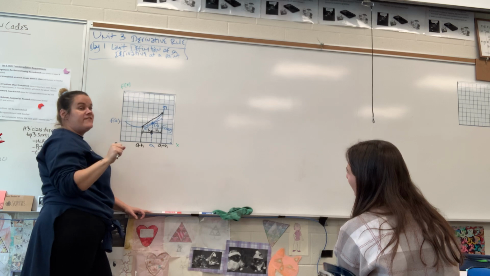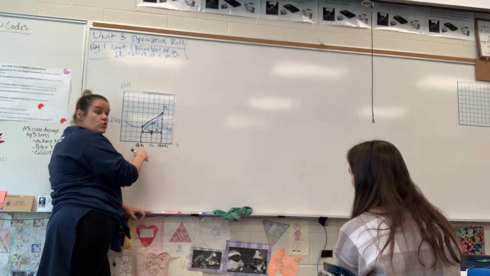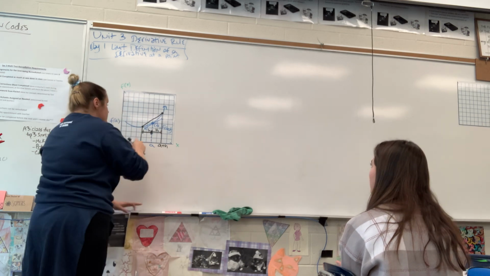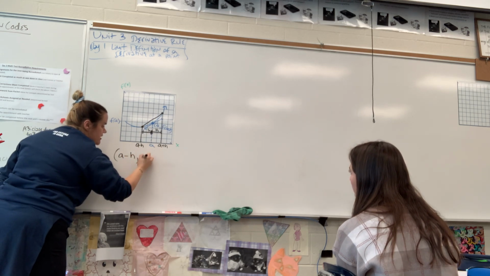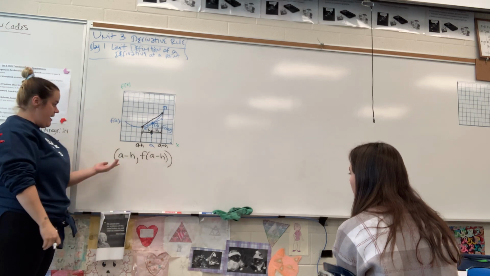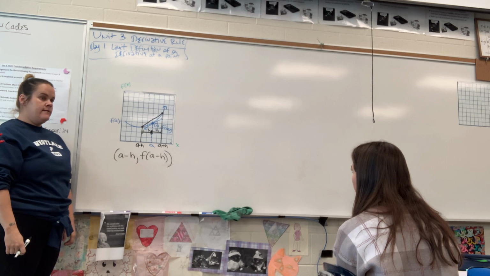So close, not f of a minus h, right? This is its x coordinate, so whatever this is plugged into f. So the coordinate point right here is the point (a minus h, f of a minus h). x, y. Fair?